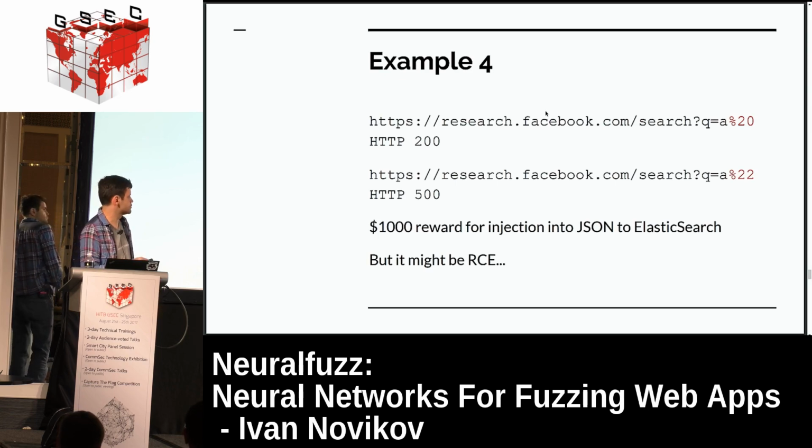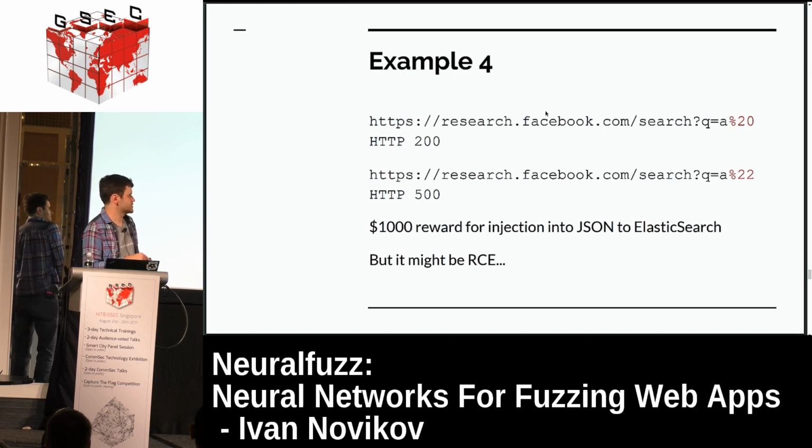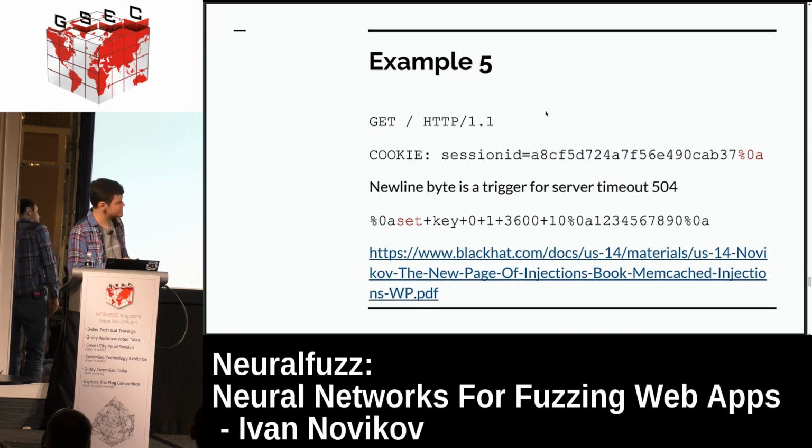And it was super cool for me to understand that this network actually was smarter than me, because 2 years ago I missed my RCE and huge reward, because I thought this was an unexploitable SQL injection, but it was JSON injection inside Elasticsearch with the ability to run code because of some vulnerabilities inside this Elasticsearch.